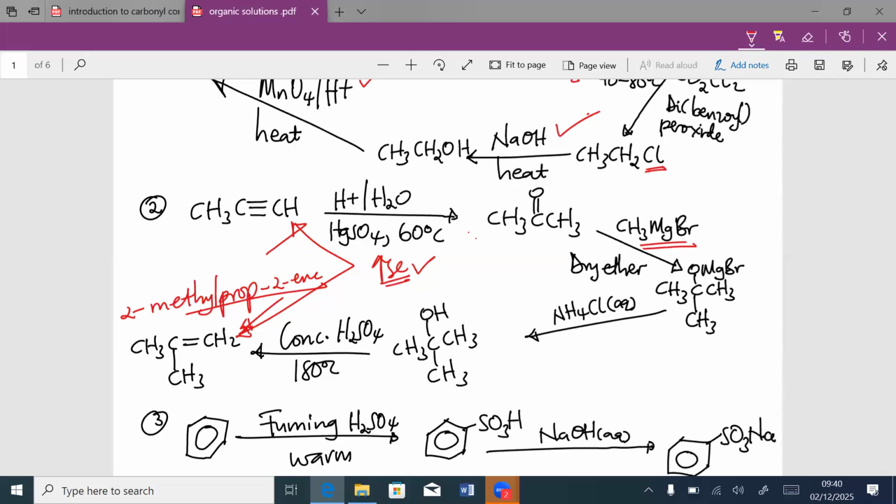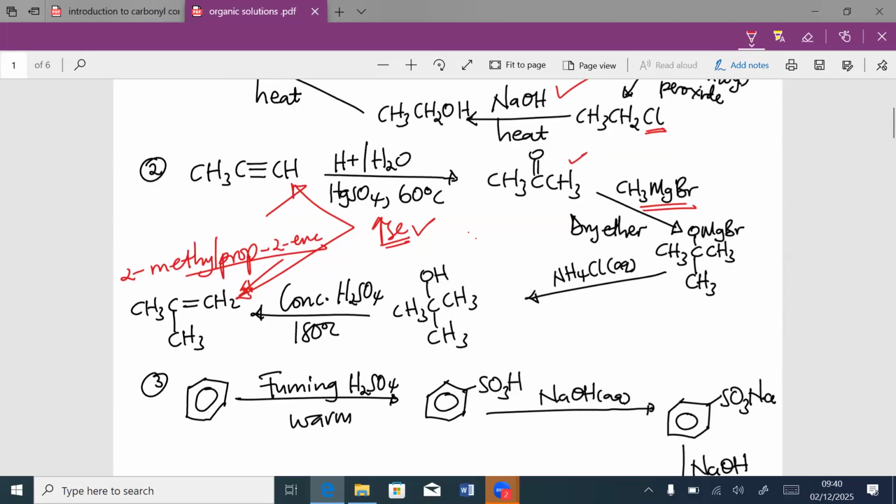So I convert this into propanone. Then I use a Grignard's reagent and make this intermediate, then I hydrolyze that to form this secondary alcohol. Then I use concentrated sulfuric acid, in other words, I dehydrate that to form for me this alkene.